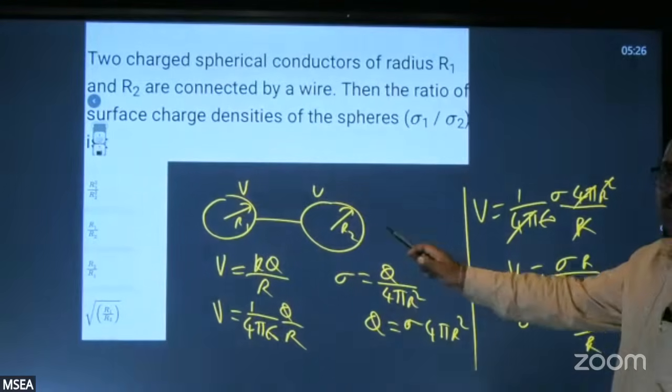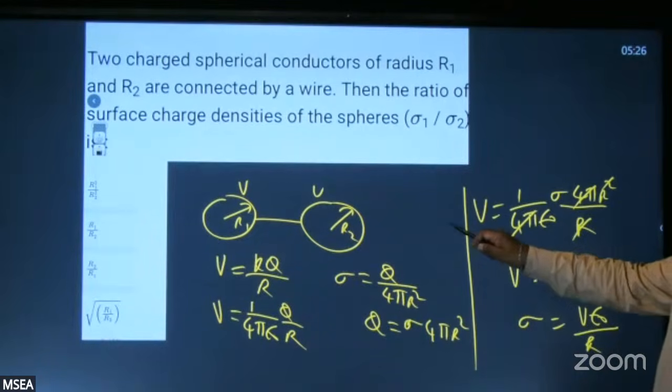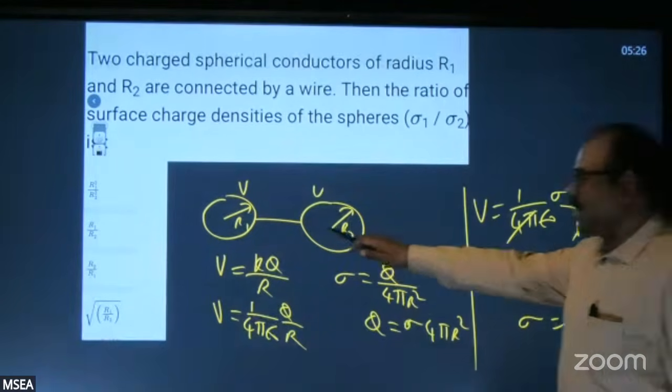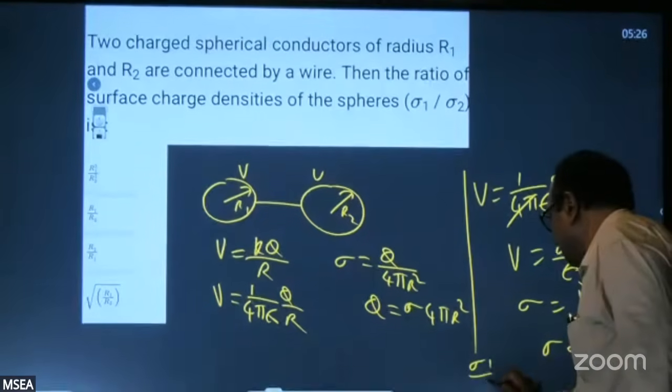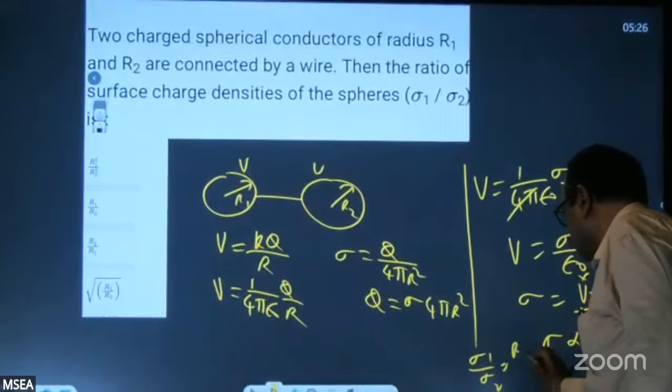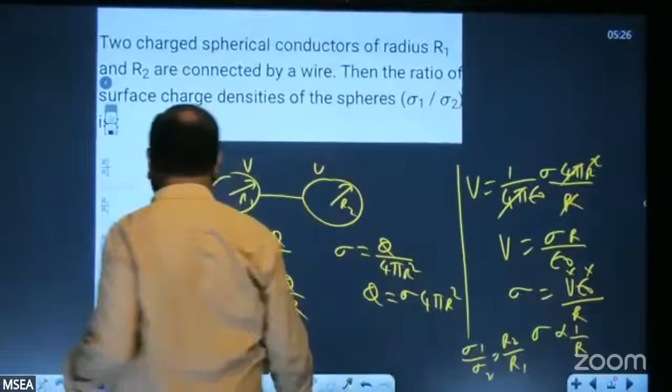So we know that when two spheres are connected by a conductor, their potentials are the same. Epsilon naught is constant. Sigma is inversely proportional to r. So sigma 1 by sigma 2 equals R2 by R1. That should be the correct answer.